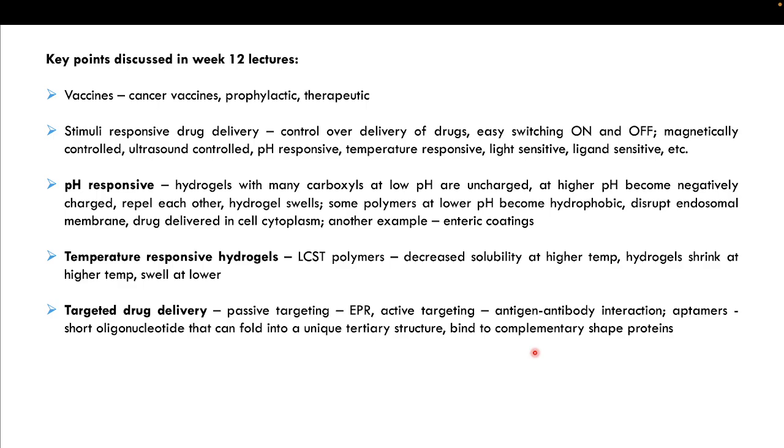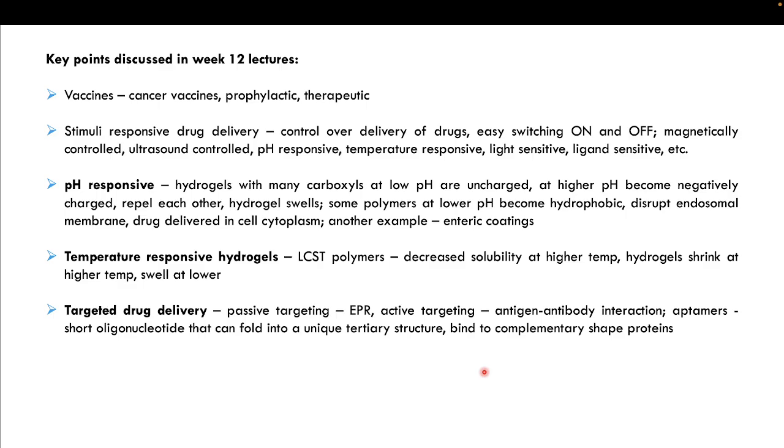Another is aptamers, making use of aptamers. Now, what are aptamers? You must have heard about this term before. So, aptamers are nothing but short oligonucleotide sequences. What is oligonucleotide? Oligonucleotide is nothing but DNA sequences, your ATGC sequences. Your DNA is actually a very big molecule.